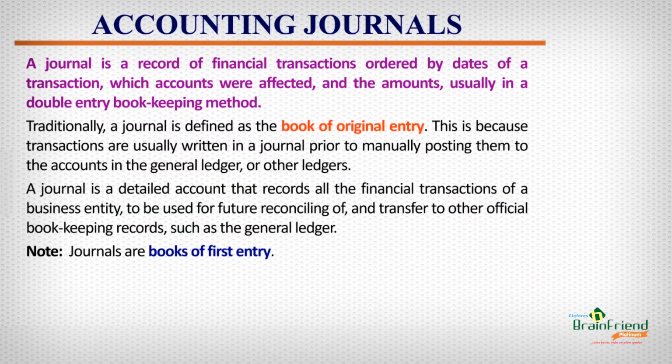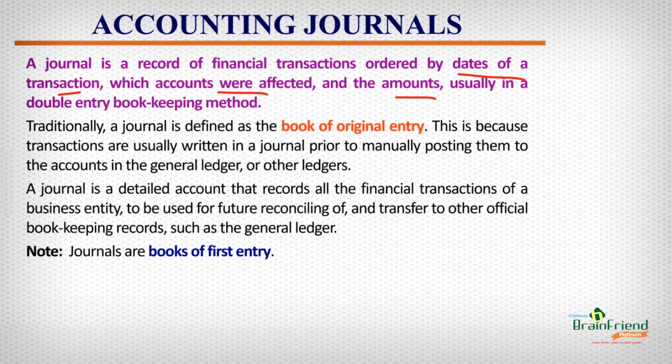A journal is a record of financial transactions ordered by dates of transaction, which accounts were affected, and the amounts, and they are usually in a double entry bookkeeping method. So when you're looking at double entry bookkeeping, you should know that a journal is a tool for such.